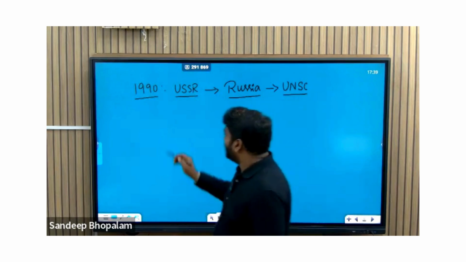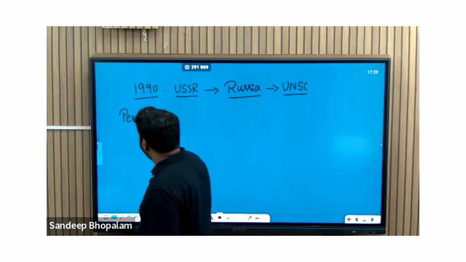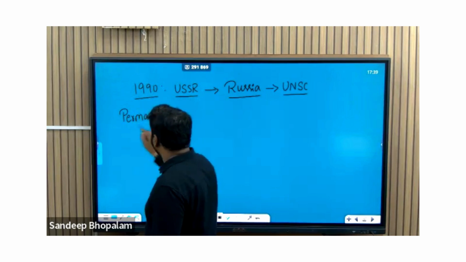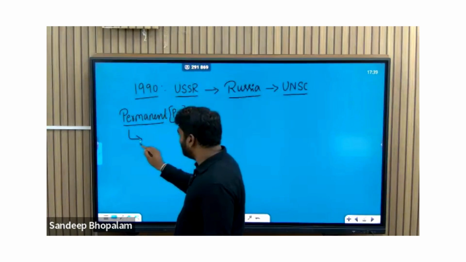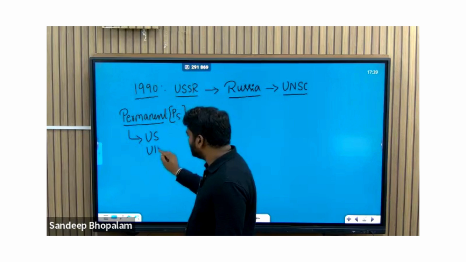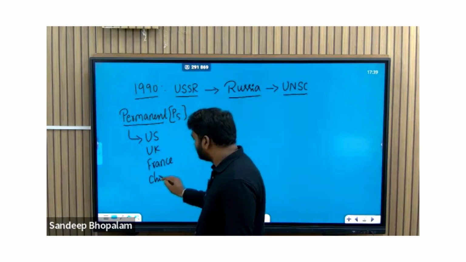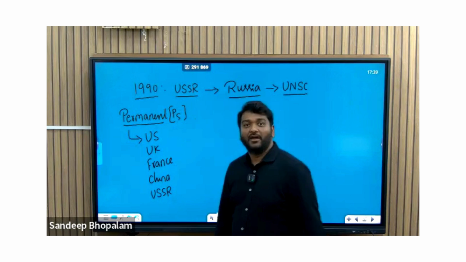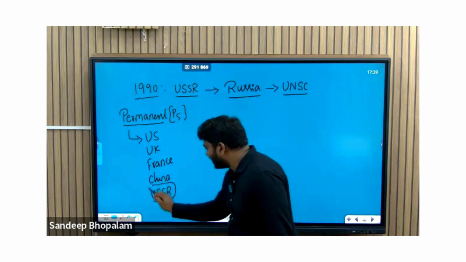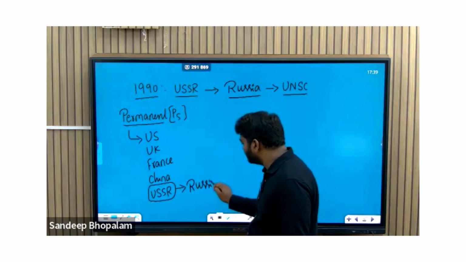Because remember, the United Nations Security Council had permanent members, the P5 countries, as you call them. And in this P5, you have the US, UK, France, China, and you had the USSR.